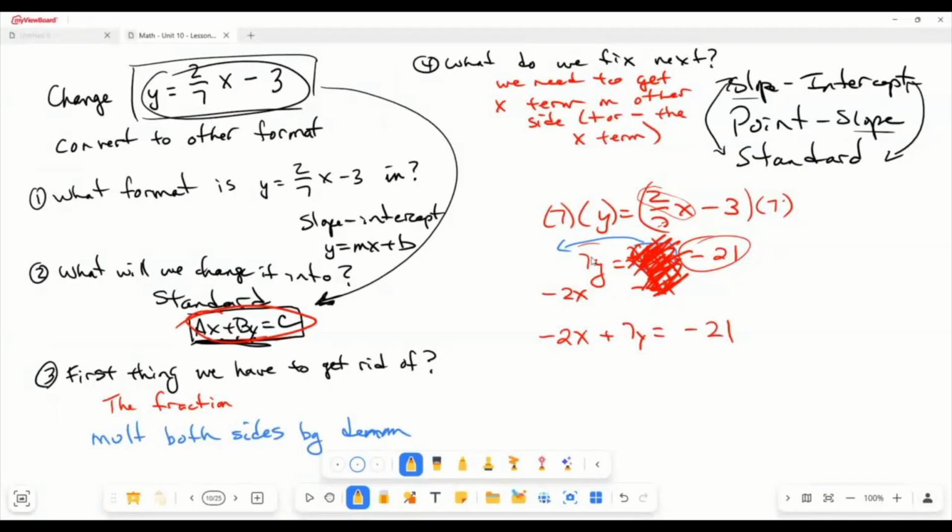The other one, it was a negative 4x, so we added 4x. You're going to add or subtract so that these will add out. But this is not finished. So, number 5, what still has to be fixed?